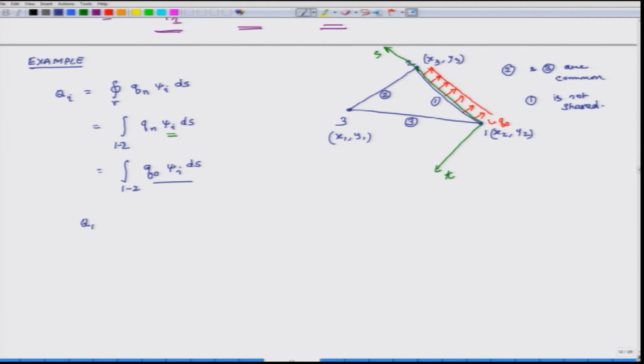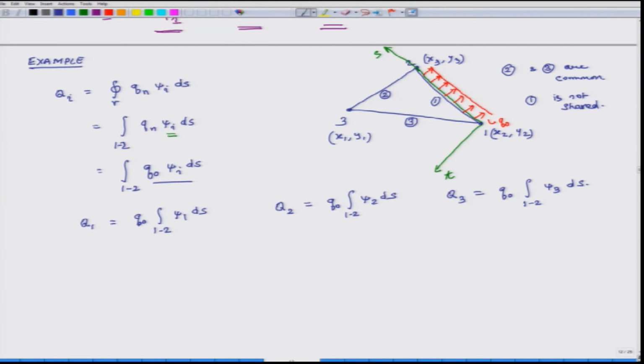Q0 is constant, so it is equal to Q0 times the integral from 1 to 2 of psi 1 ds. Q2 is equal to Q0 times the integral from 1 to 2 of psi 2 ds, and Q3 will be Q0 times the integral from 1 to 2 of psi 3 ds, right.